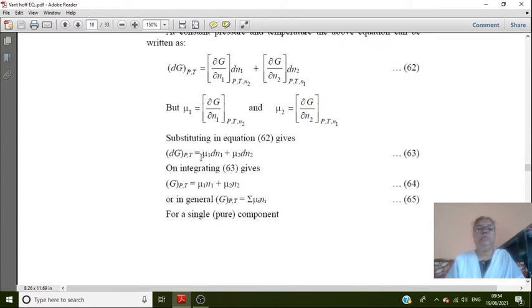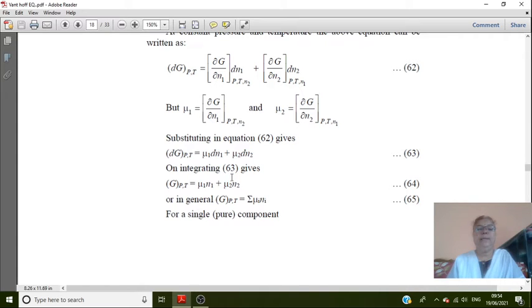Then substituting in equation number 62 we get dG at constant pressure and temperature equal to mu1 into dN1 plus mu2 into dN2. Let it be our equation number 63.